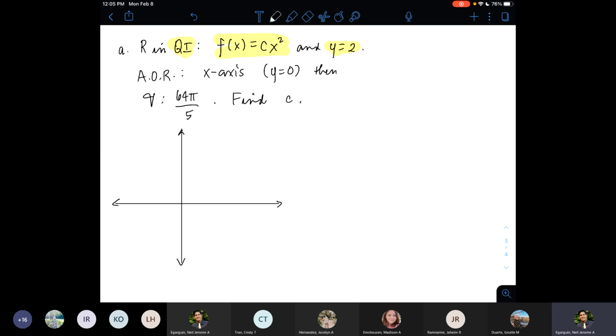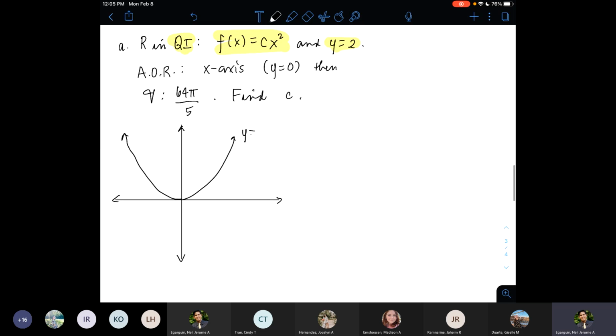So here, assuming that c is positive, the parabola will open like this. Otherwise, it will be opening downward, and it will not give us a region purely in the first quadrant.